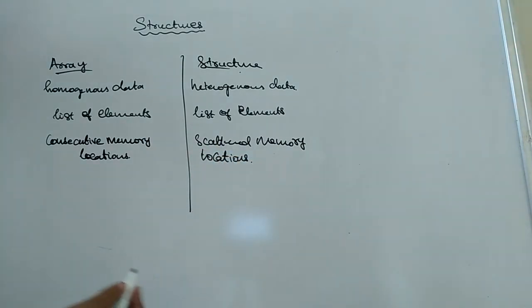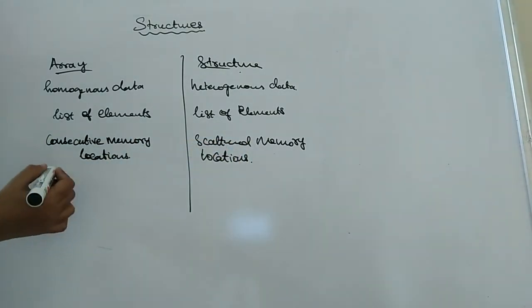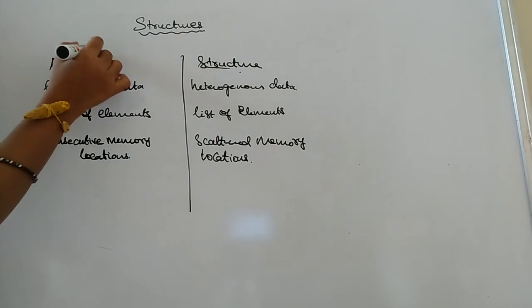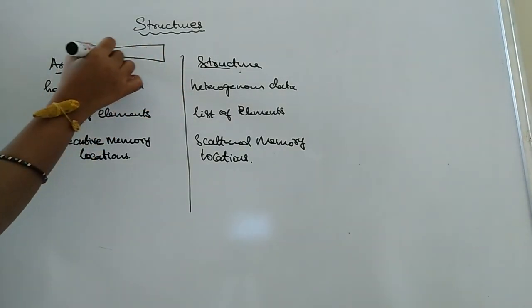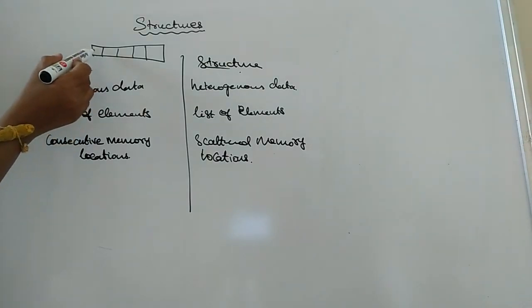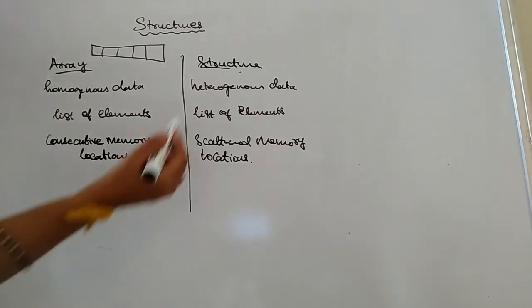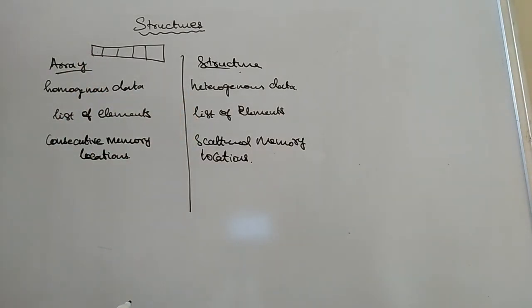What do we mean by scattered memory locations? When we take an array, definitely we need consecutive memory locations, right? That means the elements get stored in memory locations adjacent to each other. But with a structure, wherever the space is free, that space will be occupied.